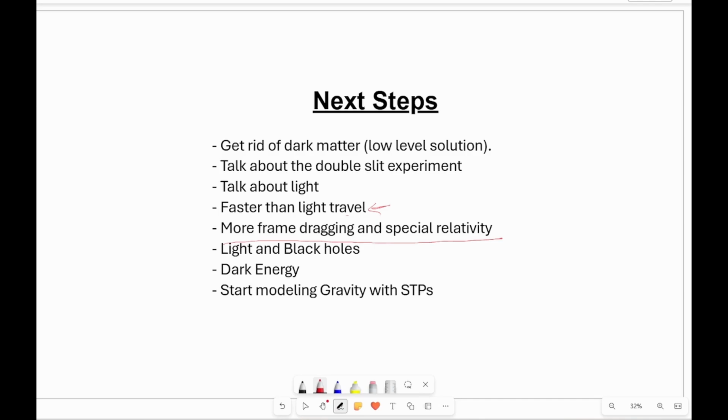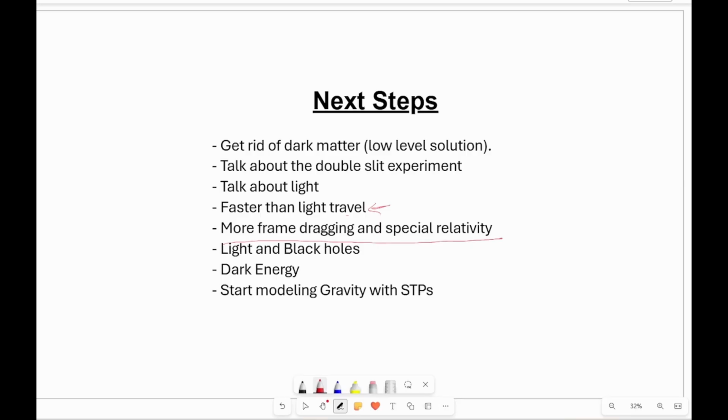I just want to make sure that that is looking correct and do a little bit more verification there. And then I want to talk about light and black holes, and not really focus on the physics at the black hole, but just when we're close to the black hole. And then maybe briefly talk about dark energy a little bit, because that's also something that's very crazy in my mind, in terms of adding so much energy to make our world make sense.